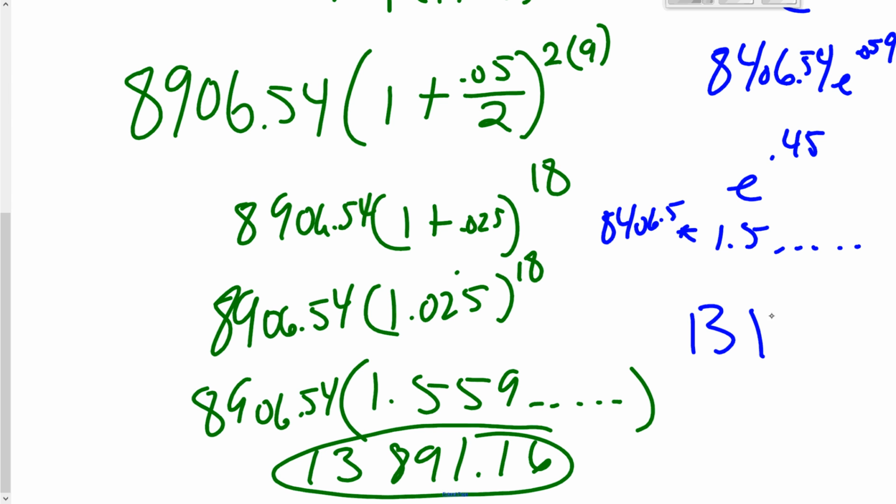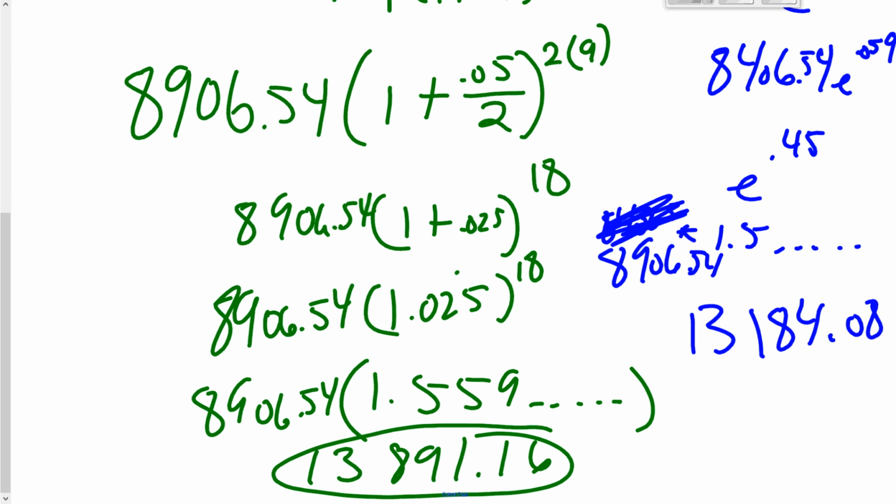And so that is 13,184. Somewhere's off because continuously should be bigger than this one. So let me go back and check that work. So I can see where I went wrong, right here. Not 8406, it is 8906.54.